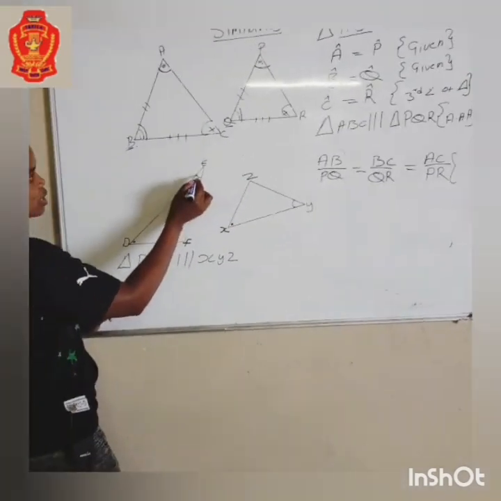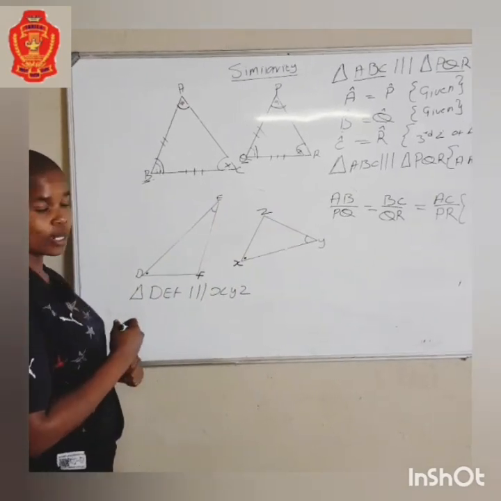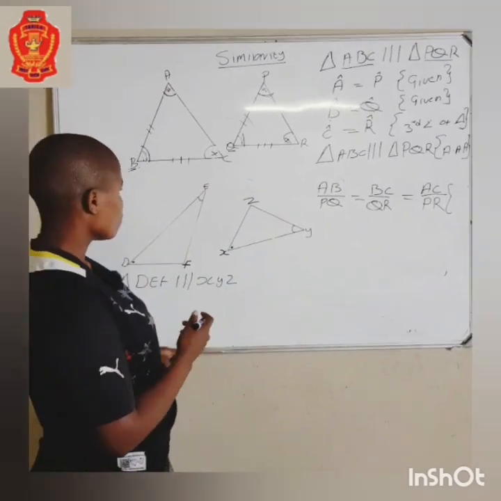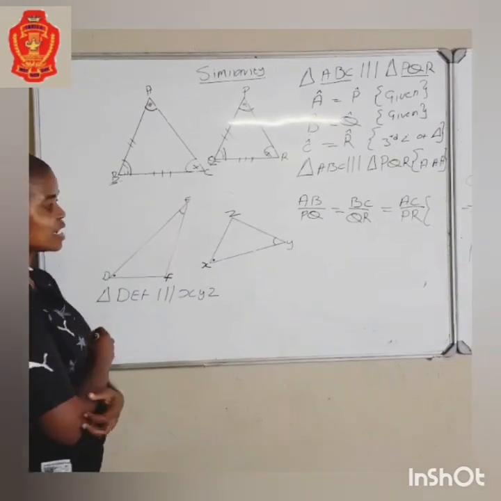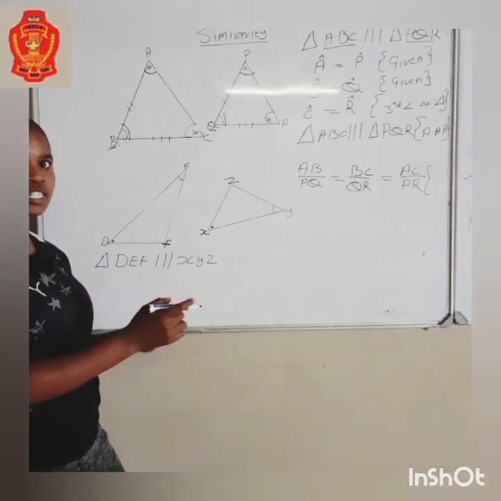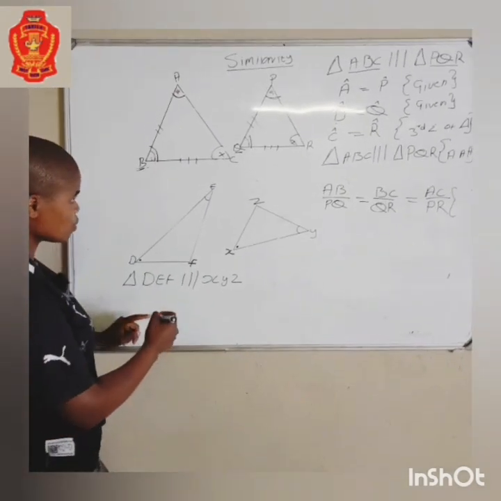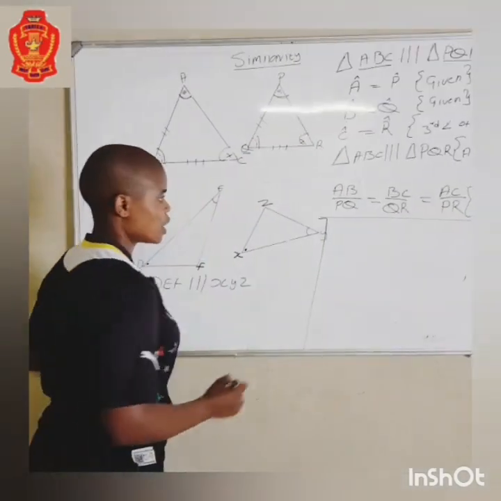And through this line here, they are telling you that those angles are equal. And do not forget that when two sets of angles in both triangles are equal, then the third angles are also equal.